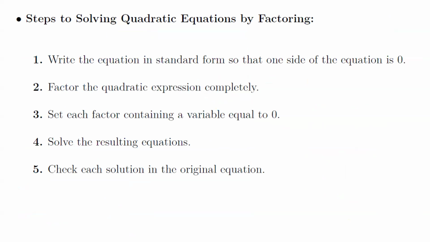So as a general rule, here's how we can approach these quadratic equations by factoring. So you're going to write the equation in standard form so that one side is equal to 0 if it isn't already. Factor the quadratic expression completely. And then set each factor containing a variable equal to 0 and solve the resulting equations.